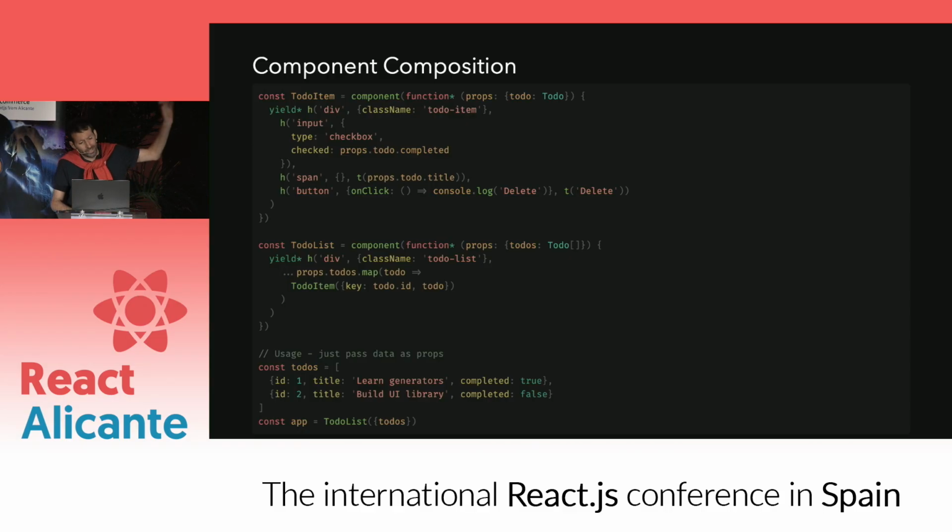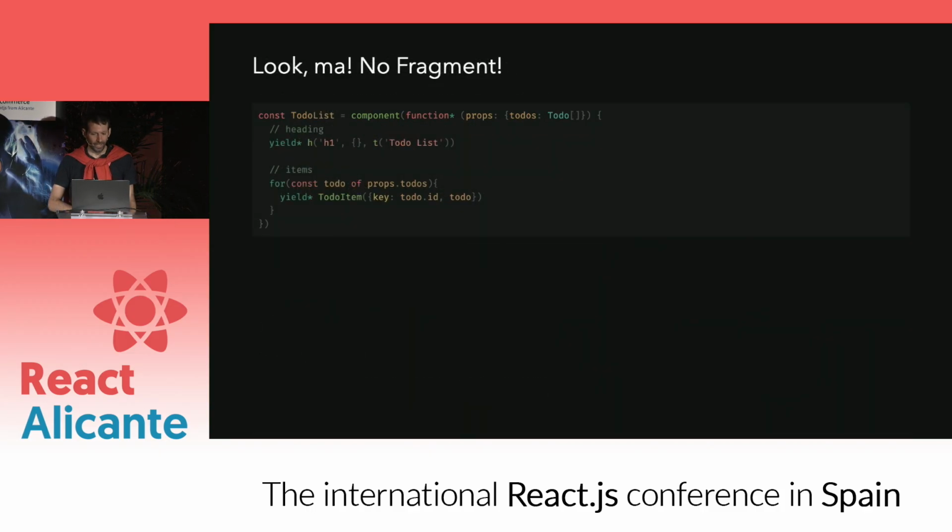So again, this is exactly the same yield star composition pattern that we have seen before, but applied to our user interface. And it turns out that I don't need the fragment component, because generators can yield as many values as they want. I can just loop through my items and yield as many nodes as I want.